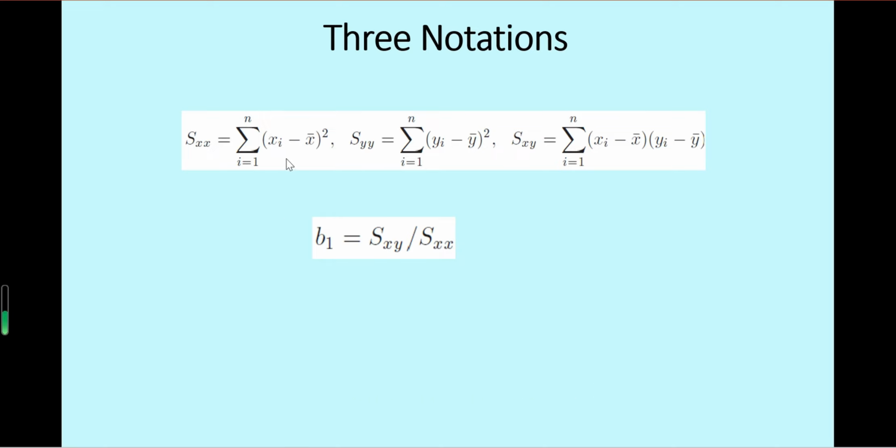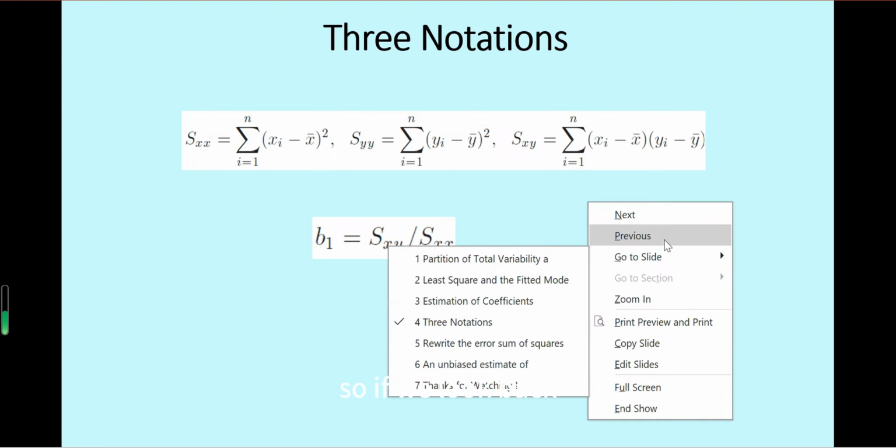Sxx is the sum of squares between x and x bar, and Syy is the sum of squares between y and the mean of y, and Sxy is the cross product, the sum of the cross product of x minus x bar and y minus y bar.